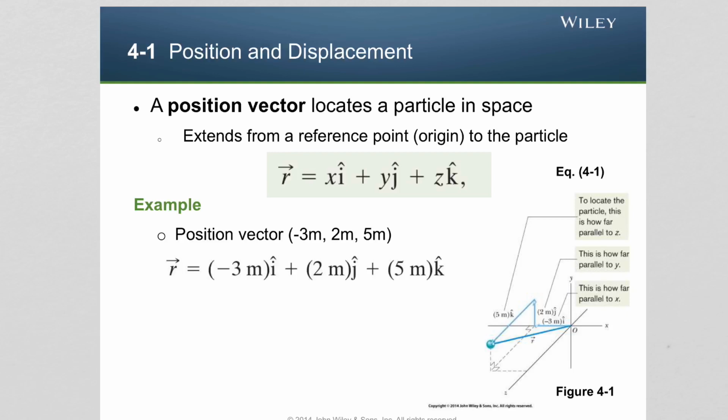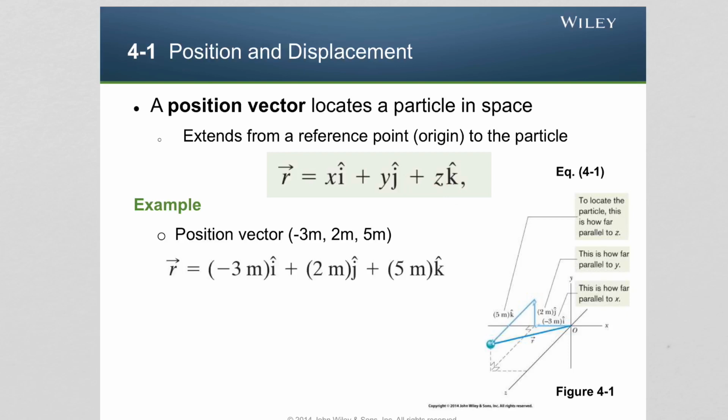The position vector can be written in unit vector notation as shown here. In general, the position vector we will label with r, and in unit vector notation that will be x i hat plus y j hat plus z k hat.